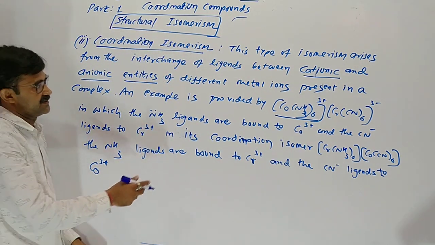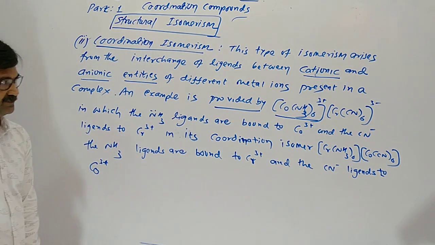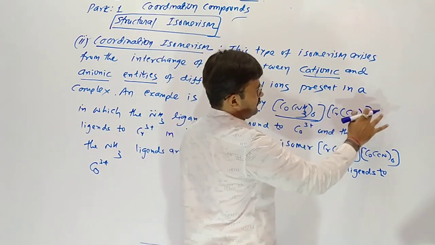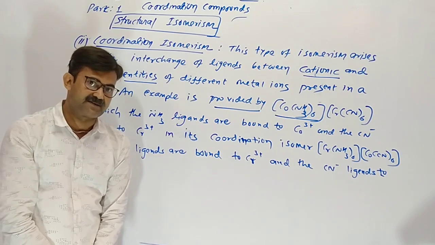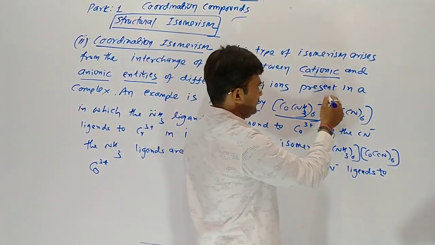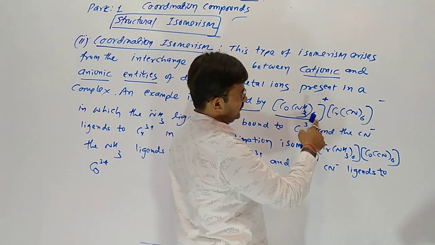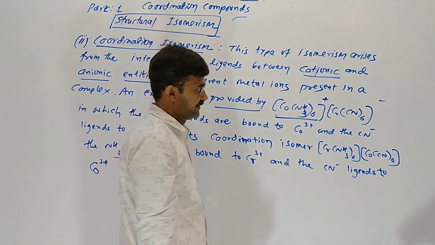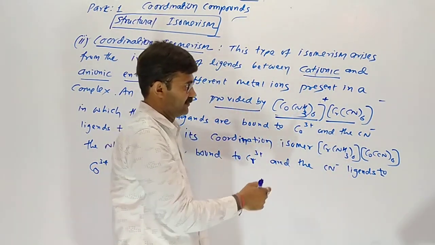An example is provided by [Co(NH3)6][Cr(CN)6]. Remember, the left hand side is always a positive entity and the right hand side is always negative. Whenever two entities are given, the left hand side should be positive and the right hand side negative.